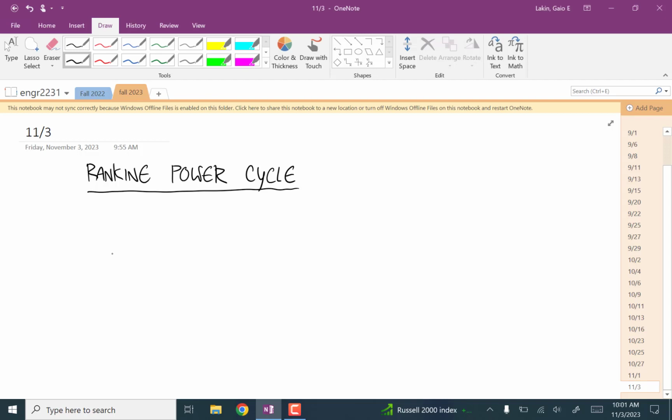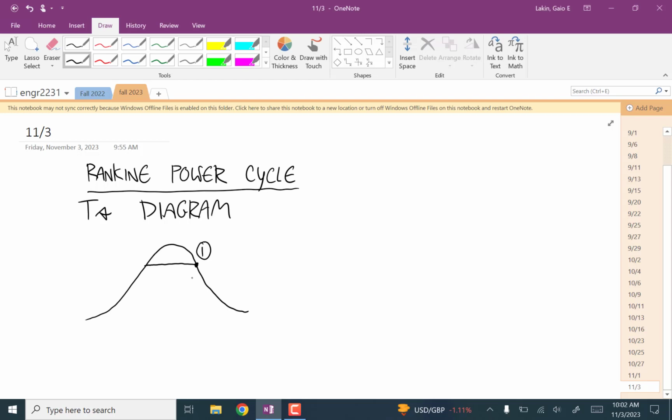And remember that on a temperature entropy diagram, it looks like this. State 1 is there.